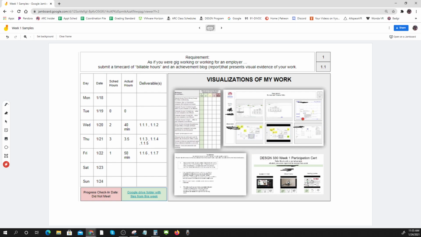So what goes on this? Because you're going to see this every week. Every week you're going to see something like this. What goes on here? Visualizations are images taken from the work that you're submitting in your deliverables that show a broad understanding of what you've done. Visual evidence of your work.